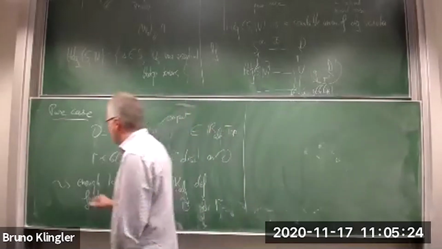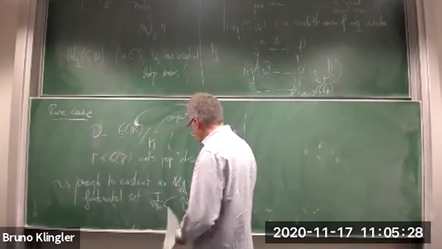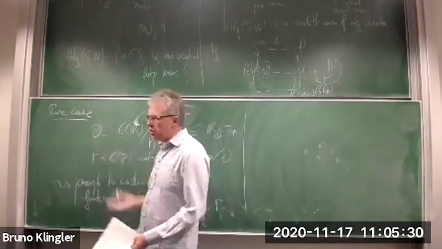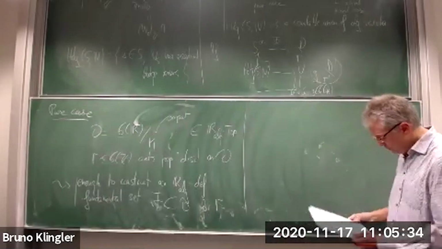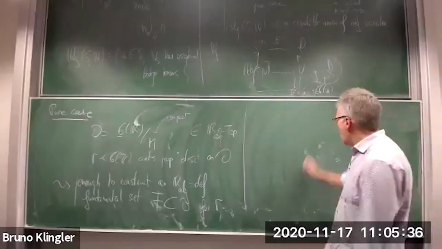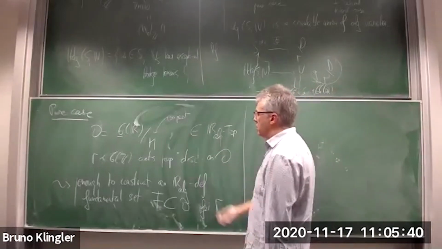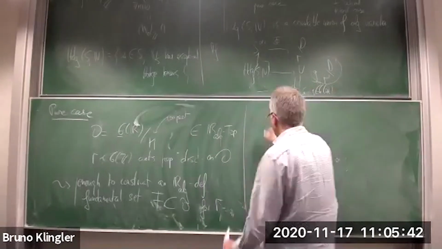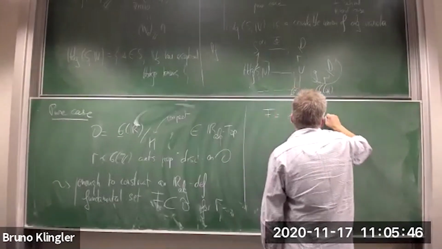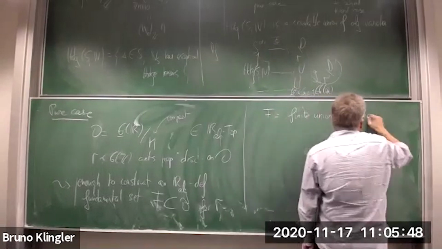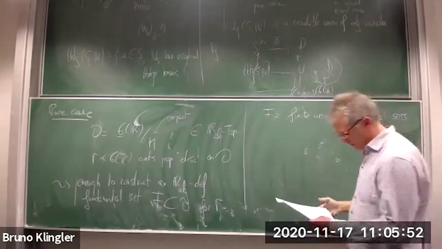This is what I explained yesterday, that each time you fix such a definable fundamental set, then you can endow your quotient D mod gamma with some o-minimal structure. And basically, well, in that case, this is classical reduction theory. There is a notion of Siegel sets, and so you can take F as a finite union of Siegel sets C in G mod M.